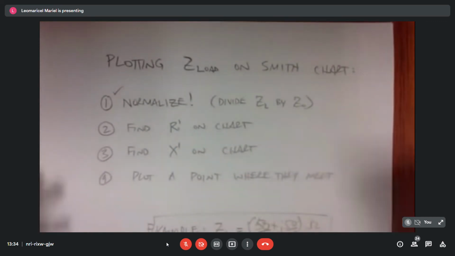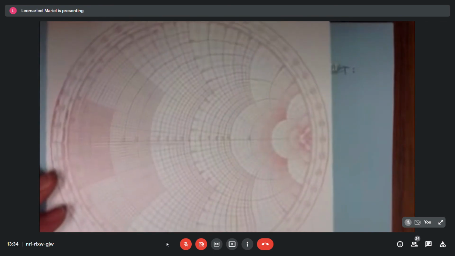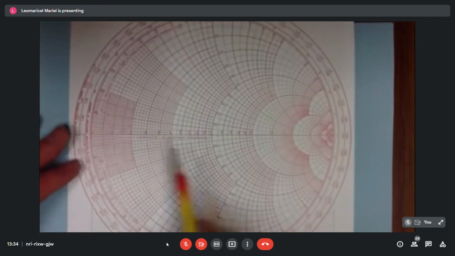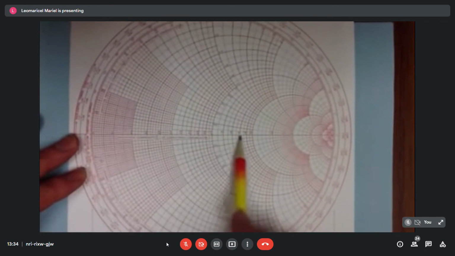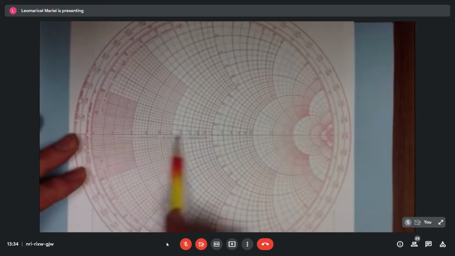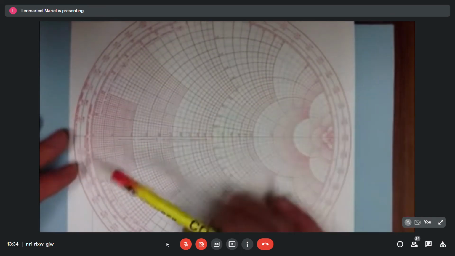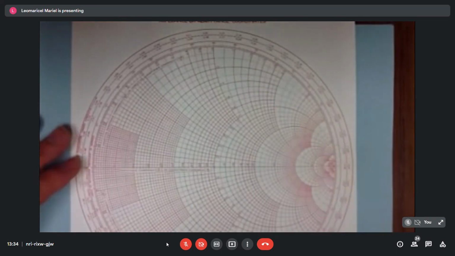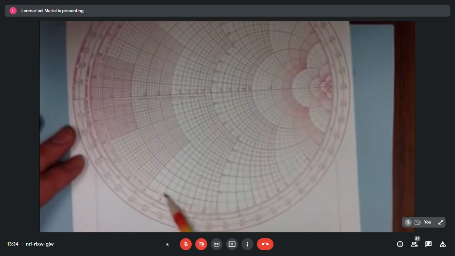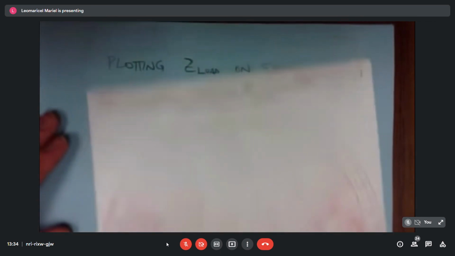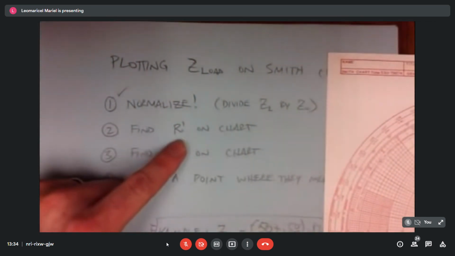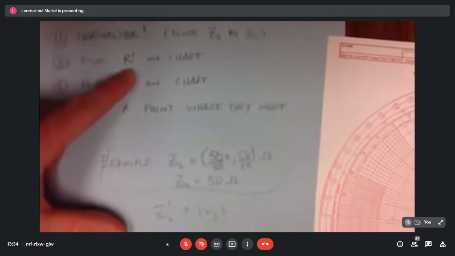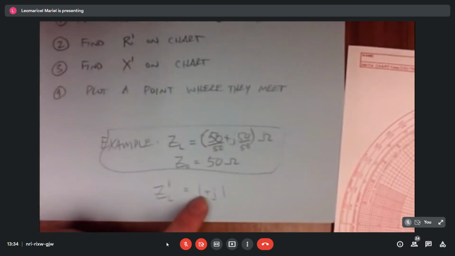Well, I have to show you a few things about this. Here's the Smith chart. The R are the numbers along here. And the X are the numbers along here and down here. So if we have to find the normalized R, what did we work that out to be? That's 1.